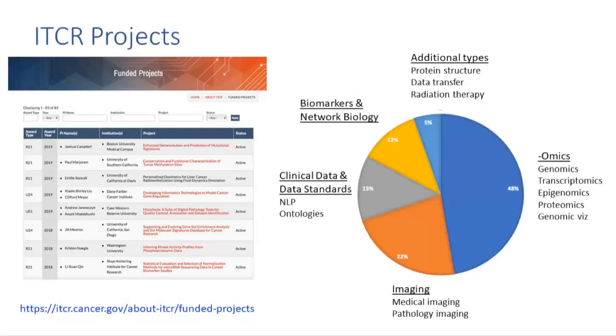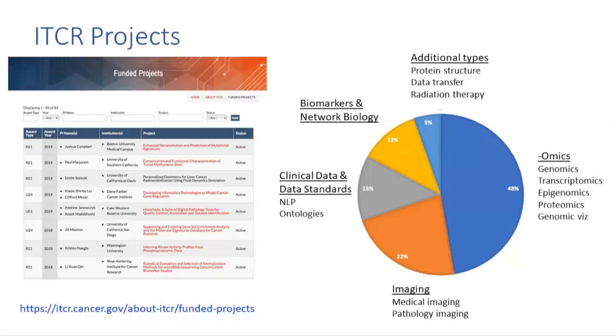And as you can see, about half of the portfolio supports tools and resources that support different types of omics data, including genomics, transcriptomics, epigenomics, proteomics, and several genomic visualization tools. Also, about a quarter of our portfolio supports imaging analysis technologies, and that includes both medical imaging and pathology imaging.